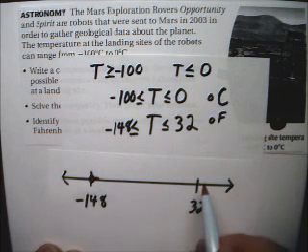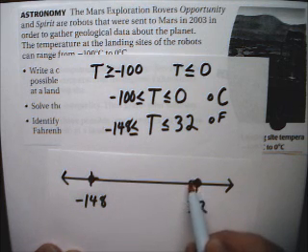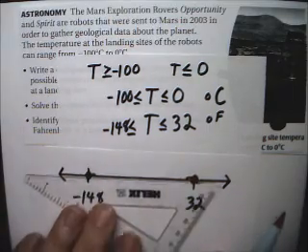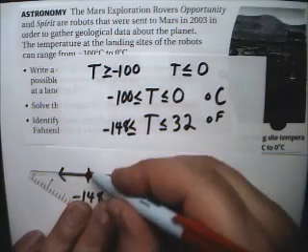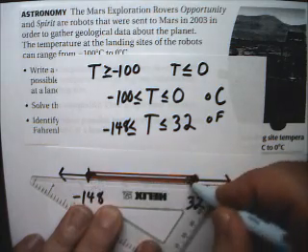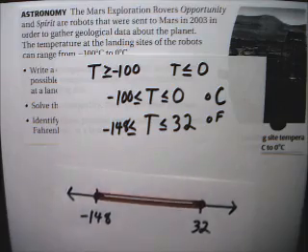T is less than or equal to 32, so solid on the positive 32, and the graph is that way. So this graphs everything between these two, and it's definitely an AND condition.